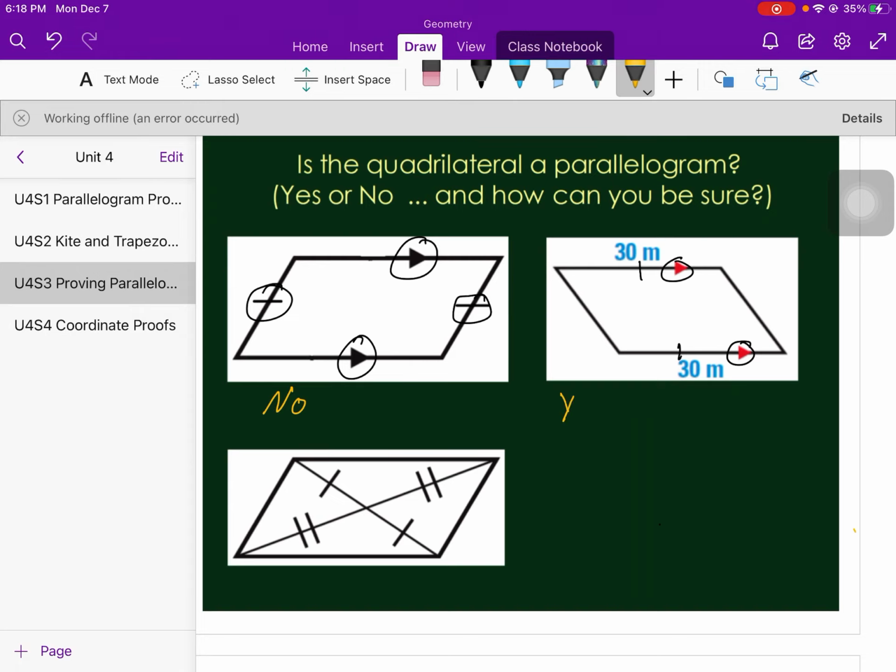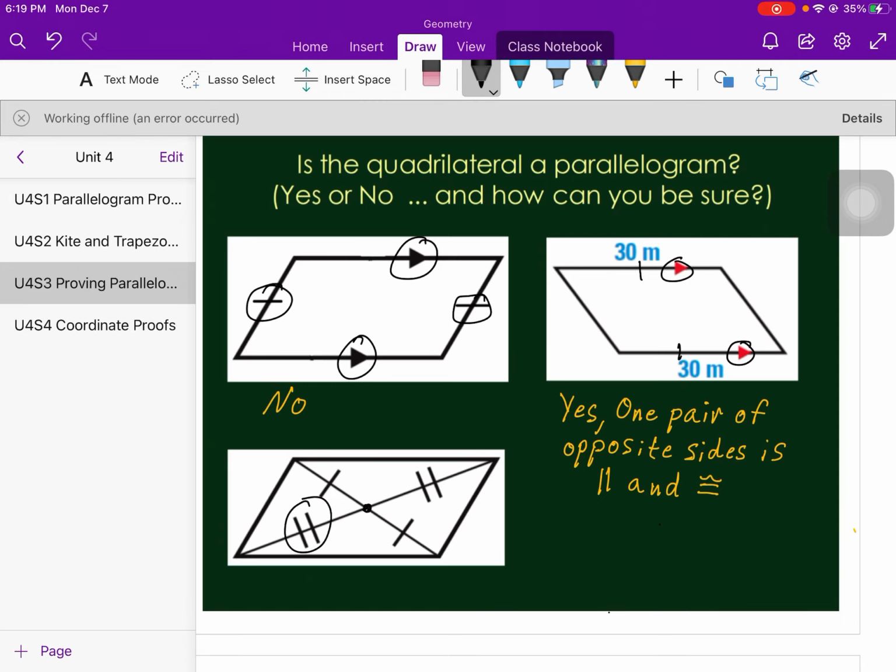So this is yes, one pair of opposite sides is parallel and congruent.